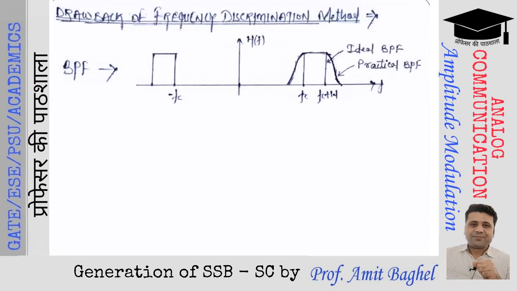See, we have a band pass filter which ranges from Fc to Fc plus W. The objective of this band pass filter is to multiply by 1 all the components which range between these cutoff frequencies.